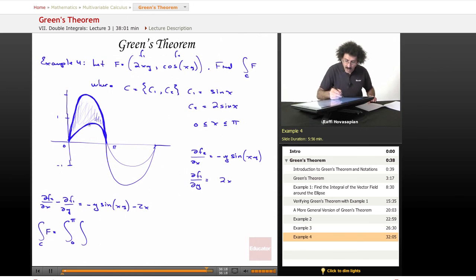And as far as y is concerned, the region is between the two graphs, sine x and 2 sine x. We have minus y times the sine of xy minus 2x. That is our integrand. And then we have dy dx.